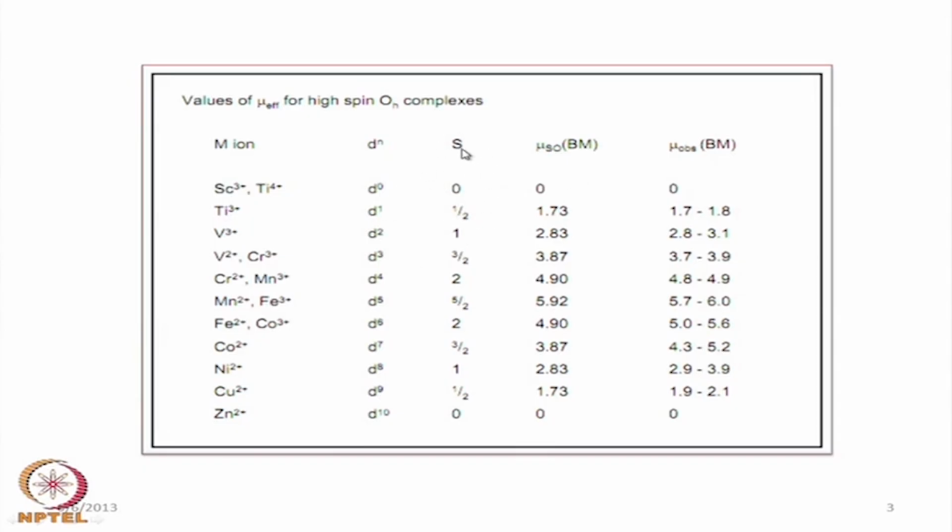We are not bothering with the other two quantum numbers, that means the L values or the J values. But when we move to a D7 system or a D8 system, or in some places also the D9 system, we see that the mu spin only values are always less than the range that can be predicted for the experimentally determined magnitude of these values for the different metal complexes.